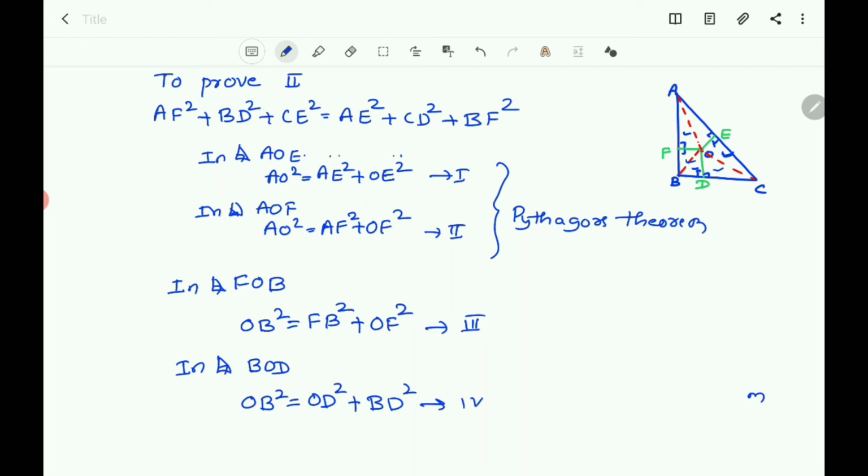This is the fourth. The reason is the common reason, Pythagoras theorem.